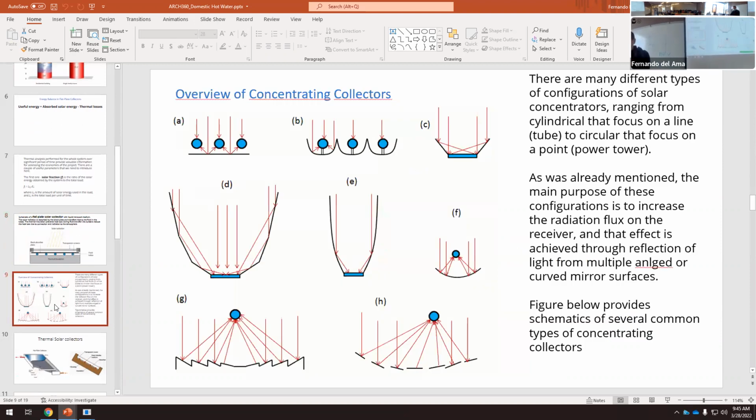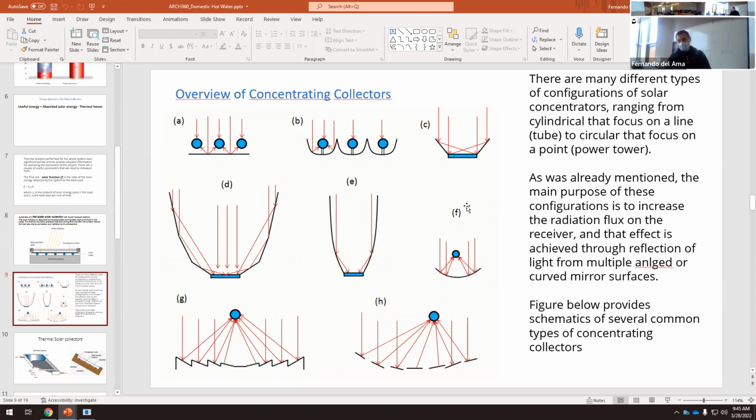Then there are other technologies, which is the concentrating collectors. This is slightly more complicated because with these collectors, we have a water pipe and we have different mirrors here, so that the solar radiation hits the mirror, and then the reflected solar radiation goes to the water pipe. That means that we have to play with the geometry.